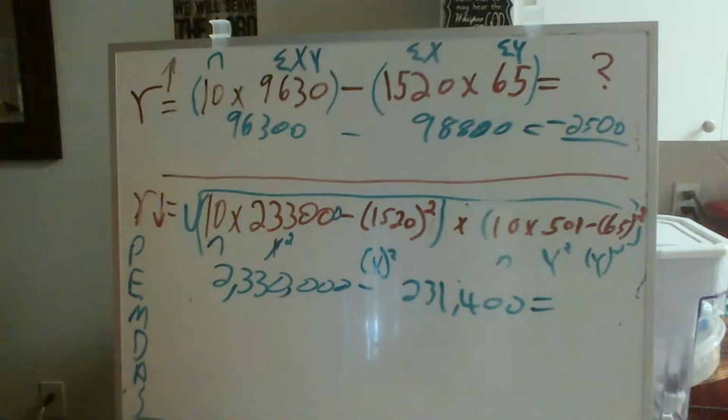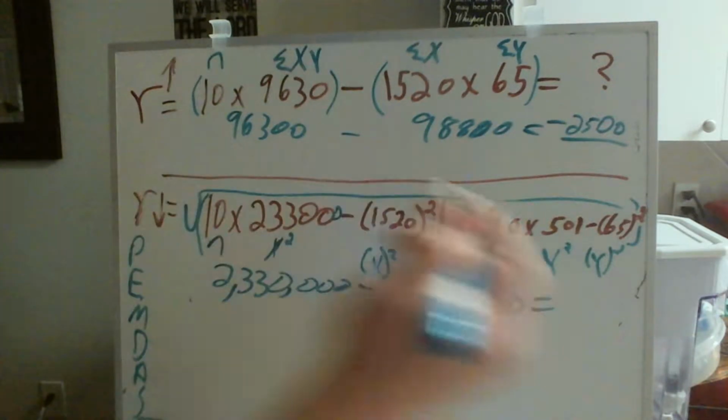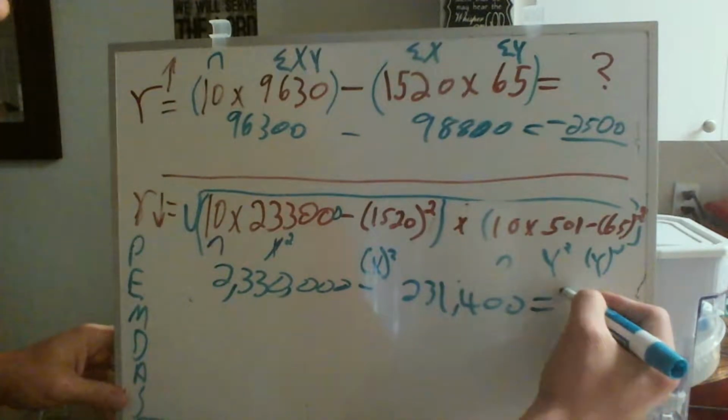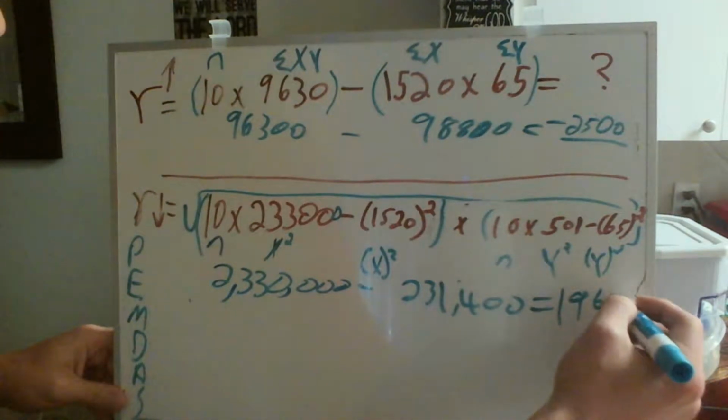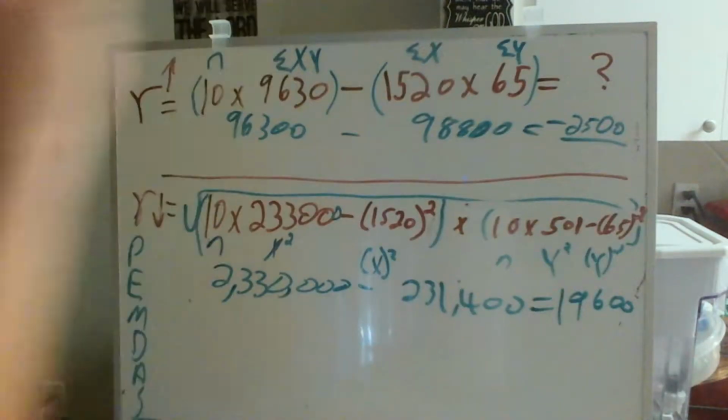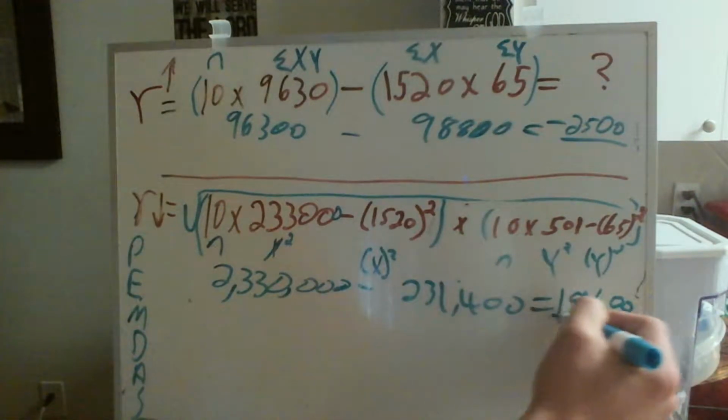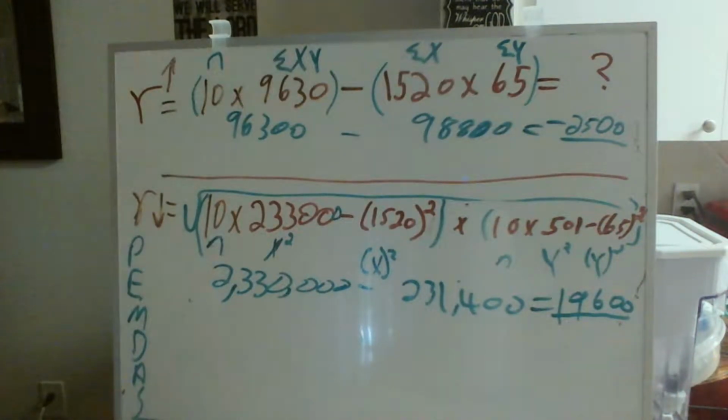So that number, if I could do my math off this, this one is 19,600. So yeah, 19,600. All right, that's our first step. That's our first point of interest here.